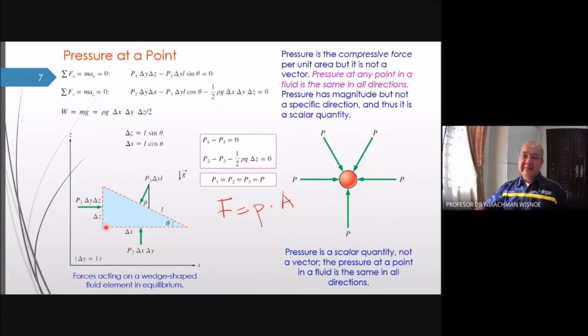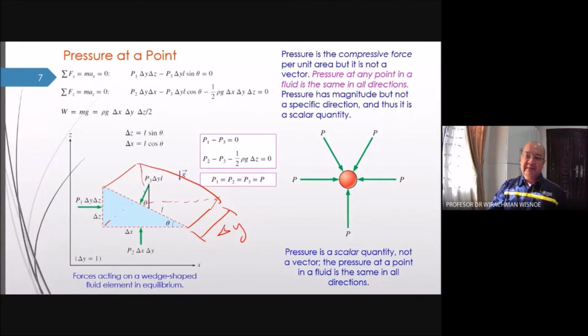If we calculate the force directed upward on this surface, assuming that the surface here is delta x times delta y, so let's say that the thickness of this right triangle is delta y. So the area of this base is delta x times delta y.